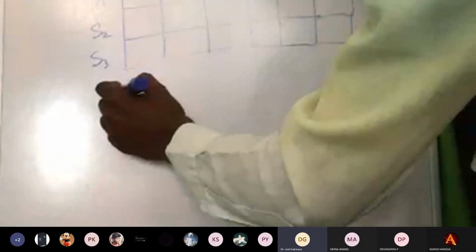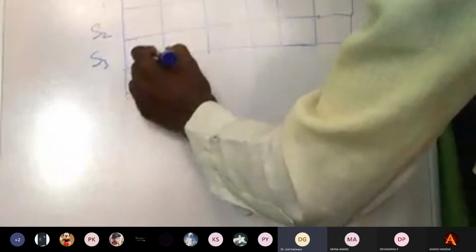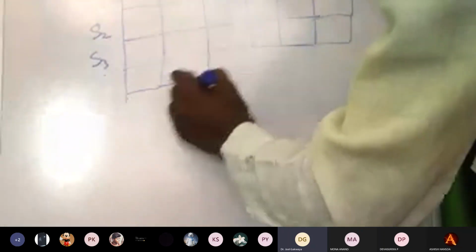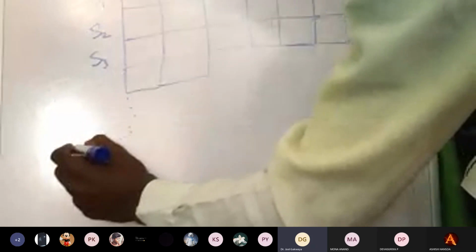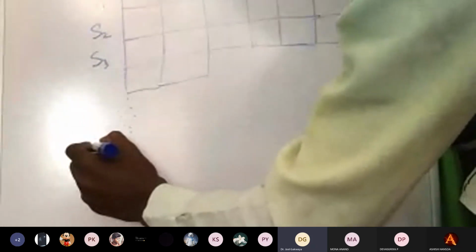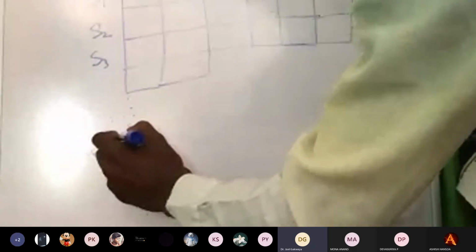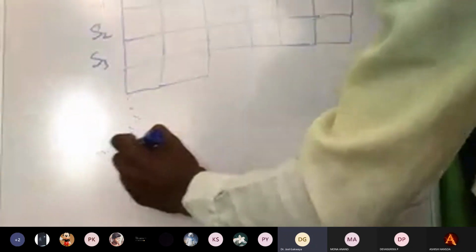Down here it keeps increasing till we find source m. Till we reach the source m here, same here.